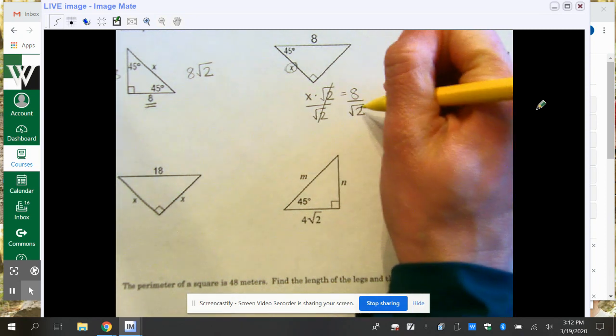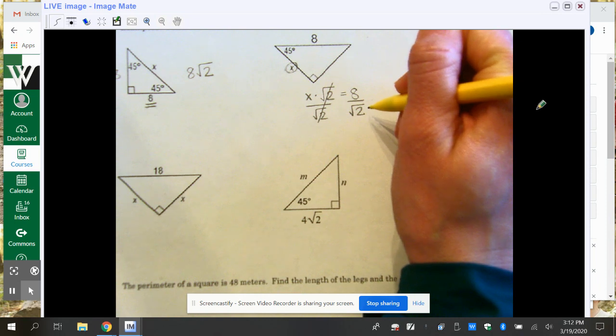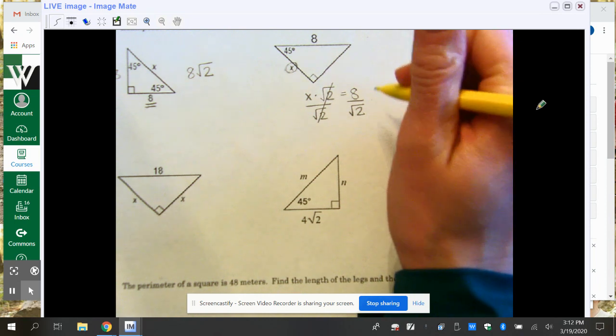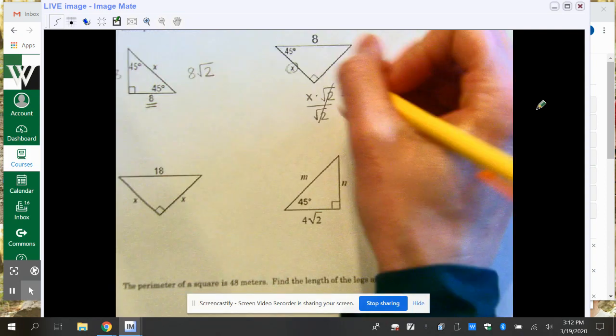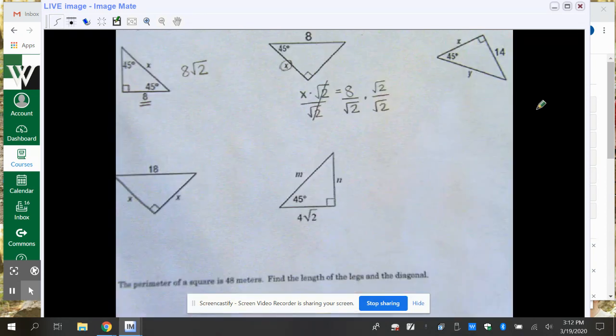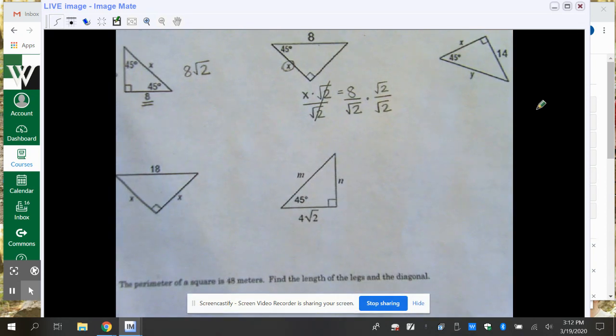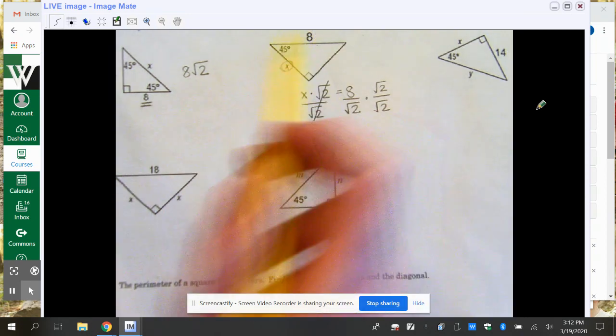You cannot have a radical in the denominator of a fraction; it's just not fully simplified. What we will always do to rationalize is multiply the numerator and denominator by whatever that radical is, which if you're working with 45, 45, 90, should always be the square root of 2, since that's always the relationship between the leg and the hypotenuse.